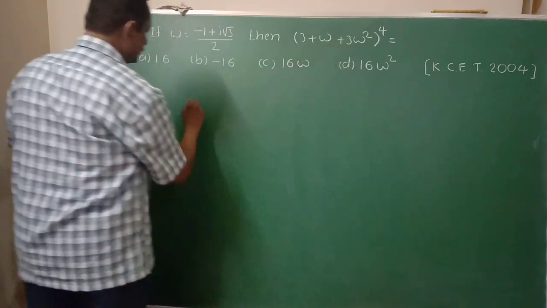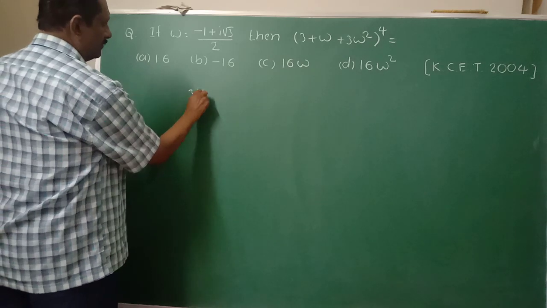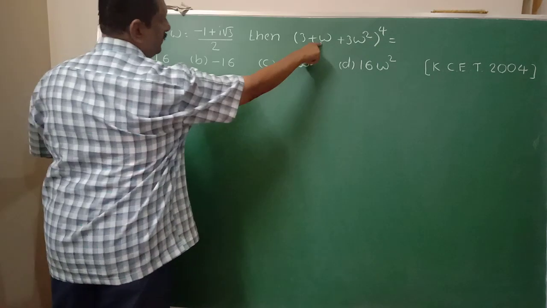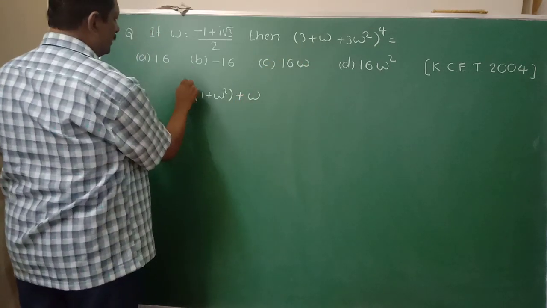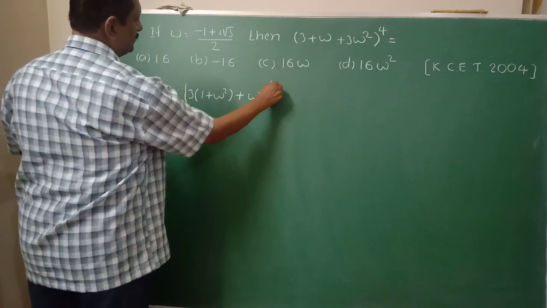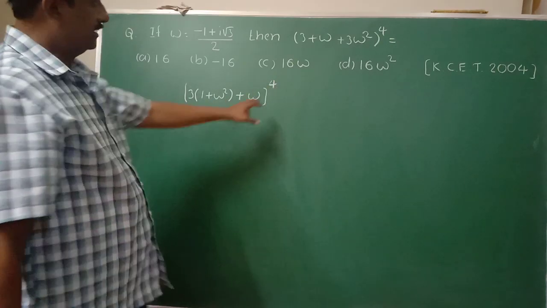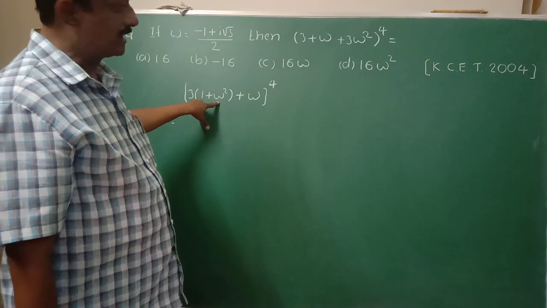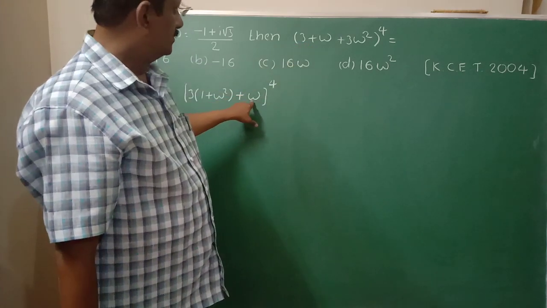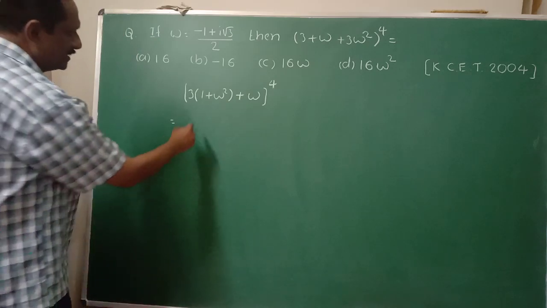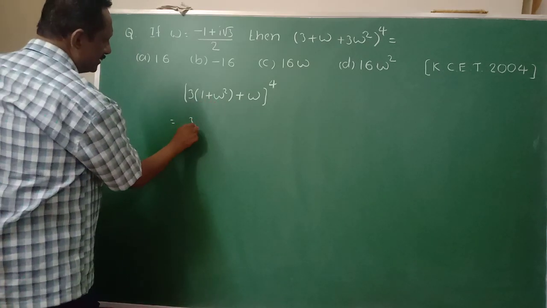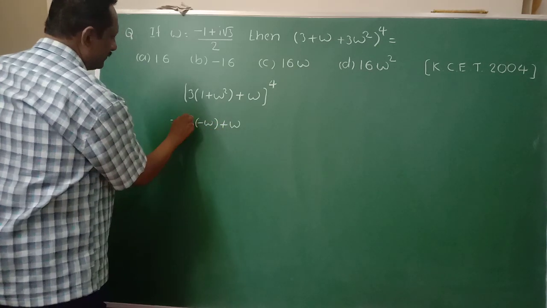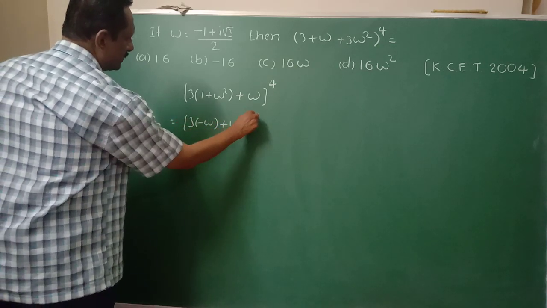Write 3 outside, then 1 plus omega square in the bracket plus omega, whole raised to 4. And 1 plus omega square is minus omega. So minus omega plus omega raised to 4.